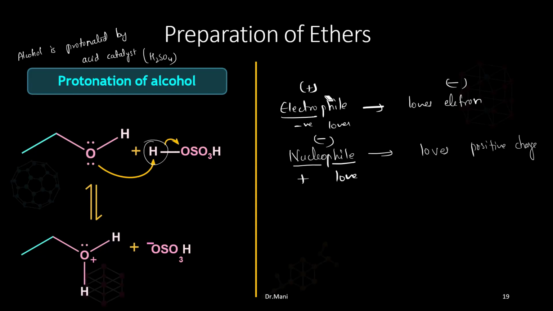Now tell me, when this water molecule leaves, it creates a positive charge. Is it an electrophile or a nucleophile? Electrophile. Revise the concepts again, otherwise you will forget it.